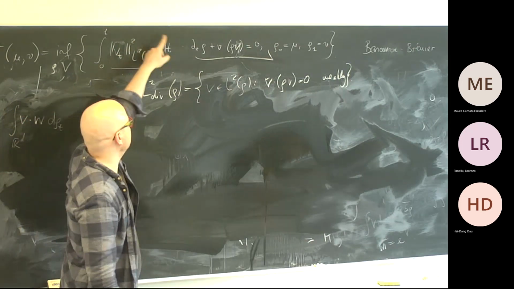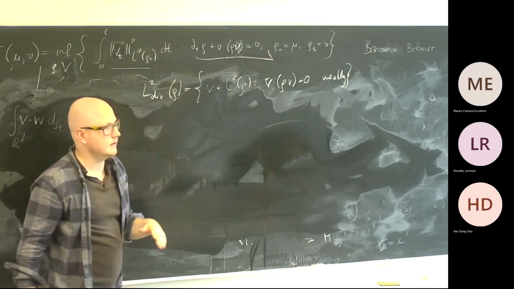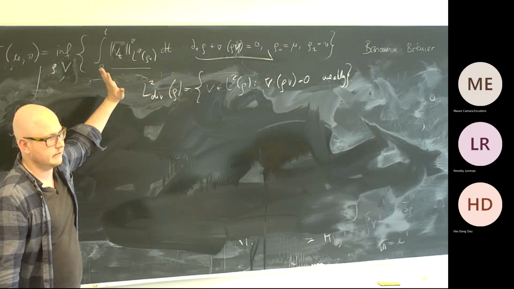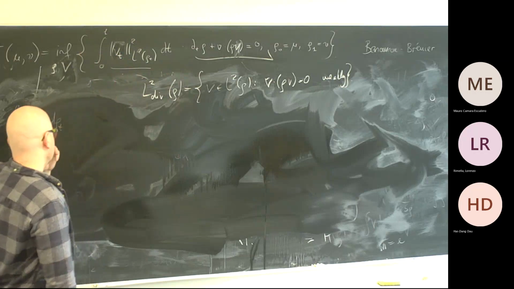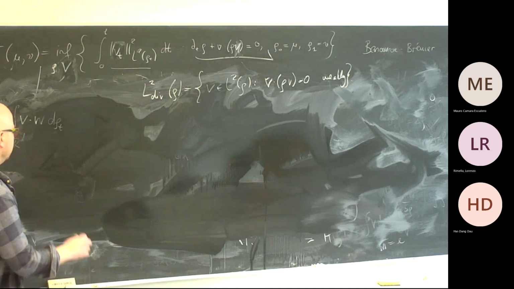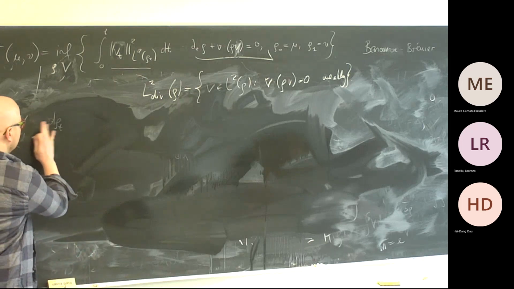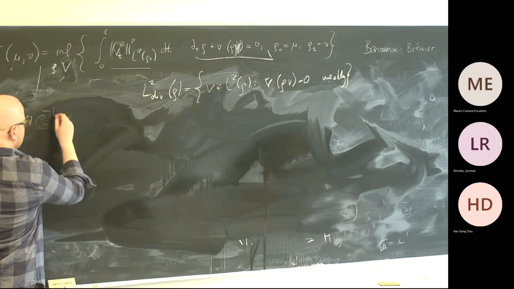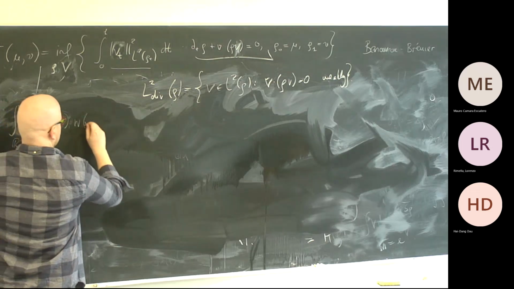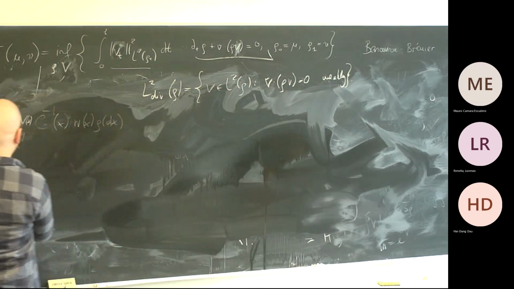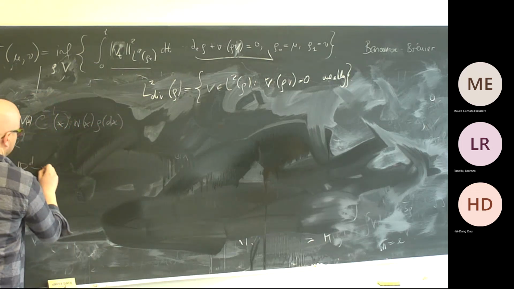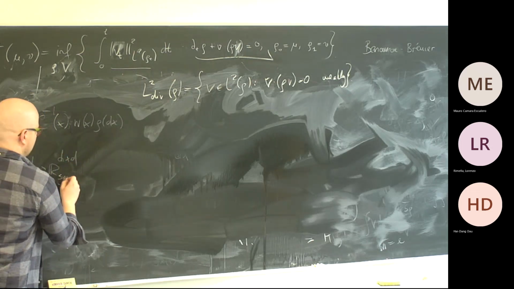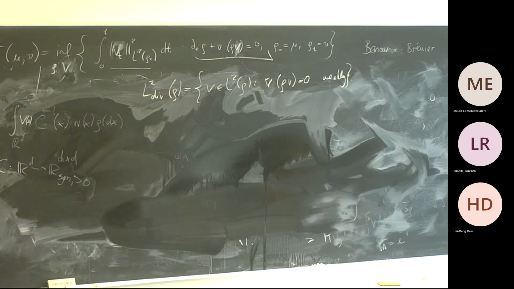Now, there's quite a lot of flexibility in just changing this. I think it's an interesting research direction, right? Because we can change something here, and we can get all kinds of different things. And people have tried all kinds of different things. We are not going to discuss everything, but let's discuss, for example, we can take a matrix here. So let's say C is a matrix field, so symmetric positive definite matrices.